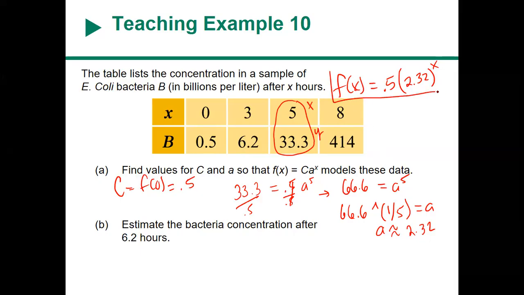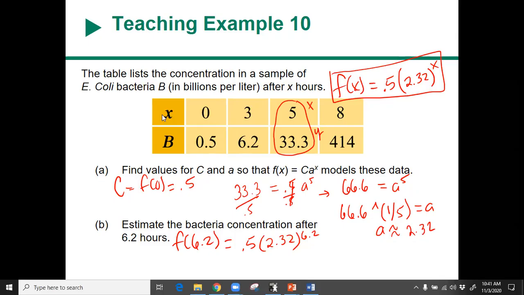And now I can solve anything they ask me, right? As you can see in B, they're asking me to estimate the bacteria concentration after 6.2 hours. So now I'm looking for f of 6.2. That means I have 0.5 times 2.32 to the 6.2. Go to my calculator.